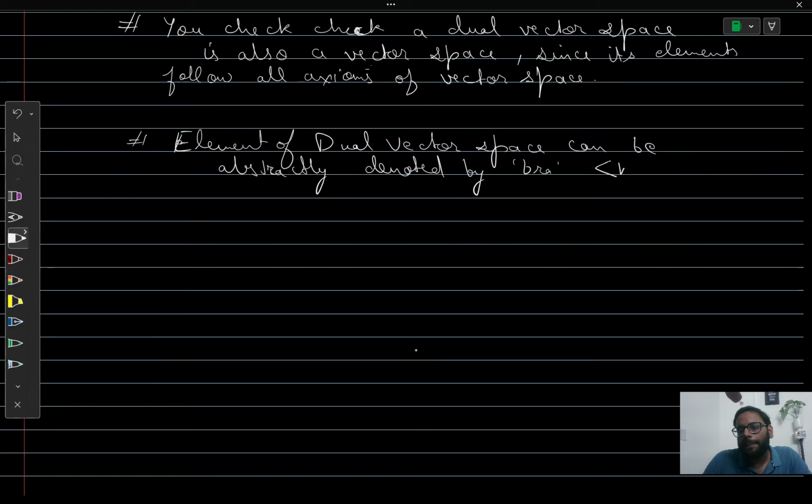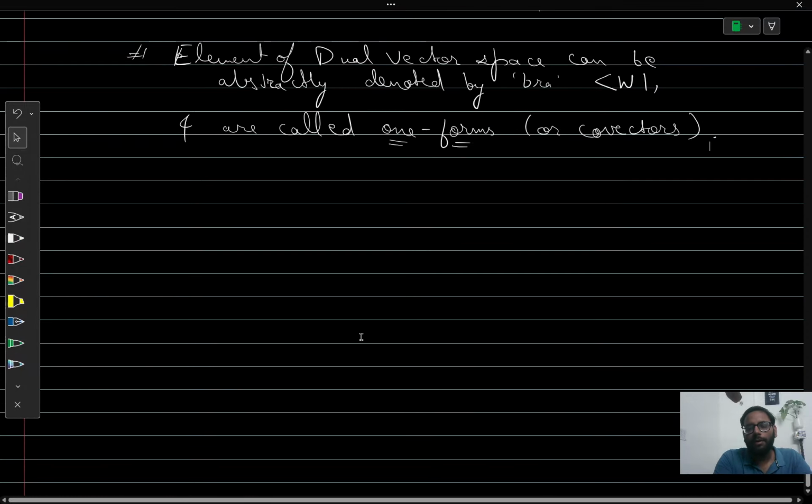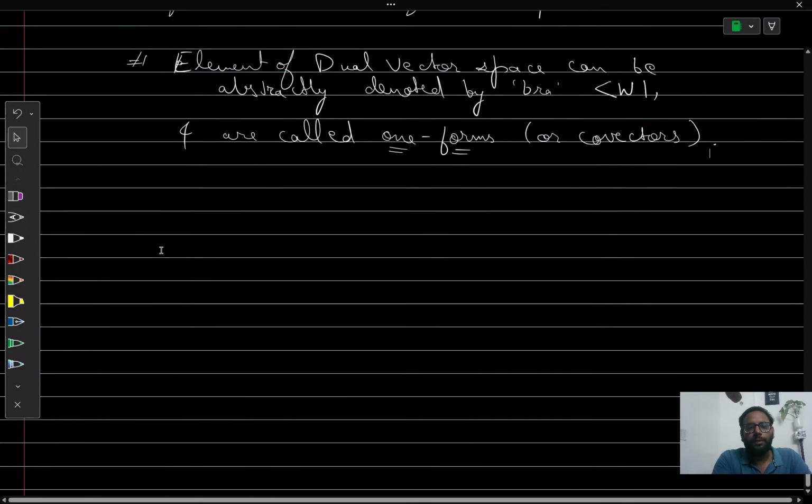Okay, like this, and are called one forms. Okay, these are called one forms or say covectors. The elements of dual vector space are called one forms or say covectors.